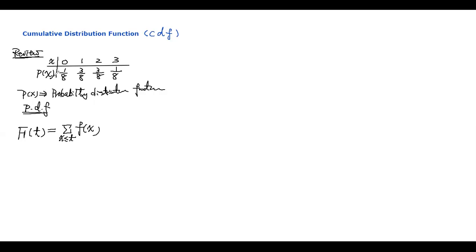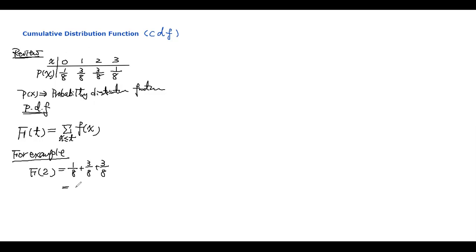For example, for the number of heads, if I say F of 2, what does that mean? That means I add the probability function all the way up to 2. So I add 1/8 and 3/8 and 3/8.